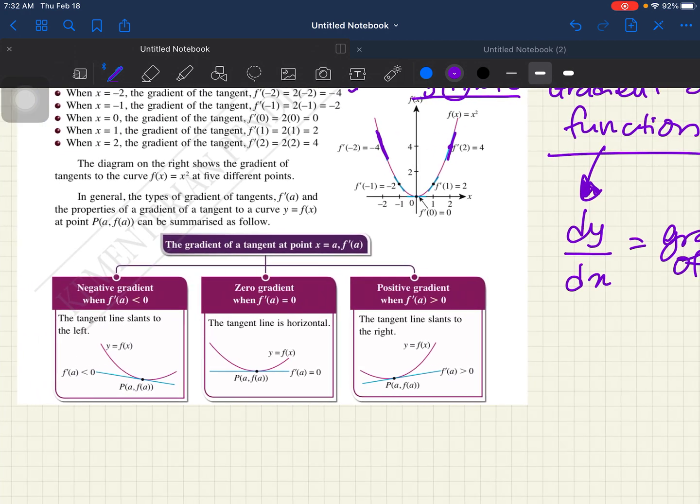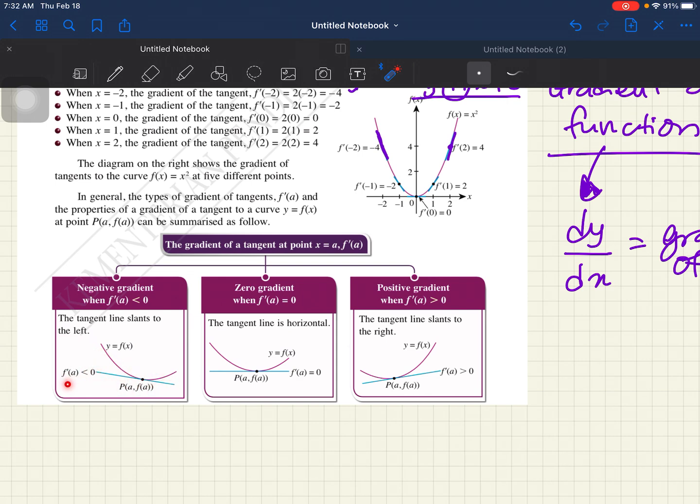Okay. So kalau kita tengok kat sini, the gradient of a tangent at point x is a f prime a. F prime a ni adalah sebenarnya first derivative of function yang awak telah differentiate tadi dan dimasukkan dengan nilai a ataupun nilai x tadi. Okay. So kalau kita tengok negative gradient when the tangent line slant to the left, kalau dia ke bawah macam ni.